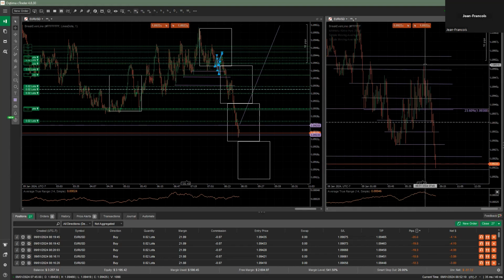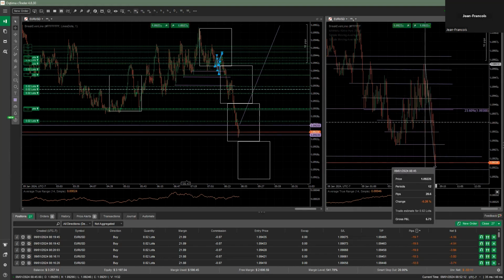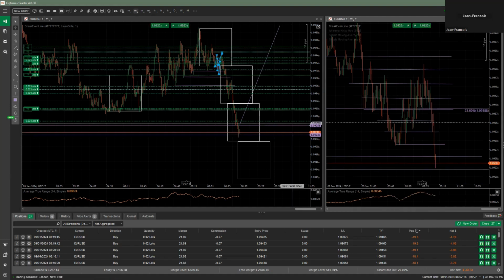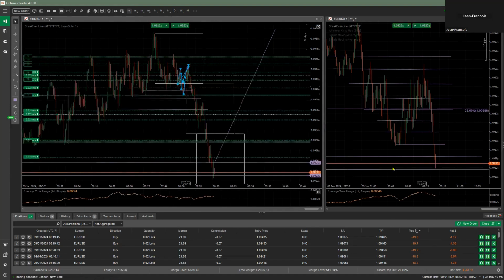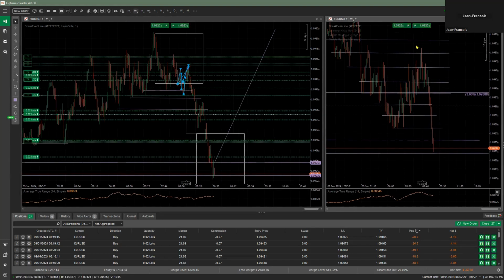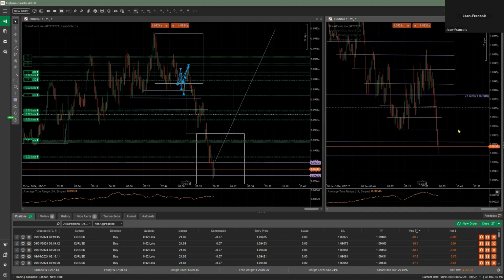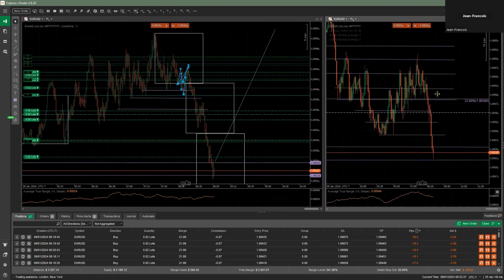Right. So if we measure things, this is now 3 boxes exactly. We can see that visually on the left. So that would be a normal pullback, a normal retracement, a normal move. And so we participated, right? We bought all the way down.